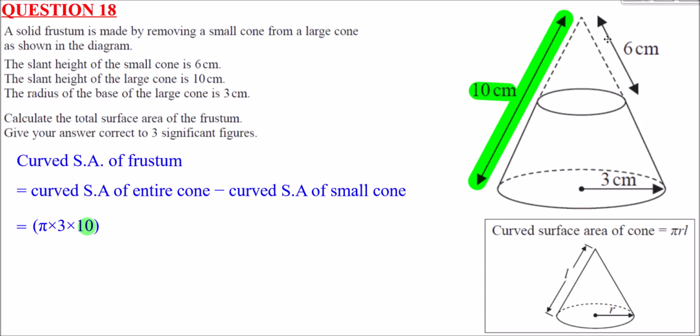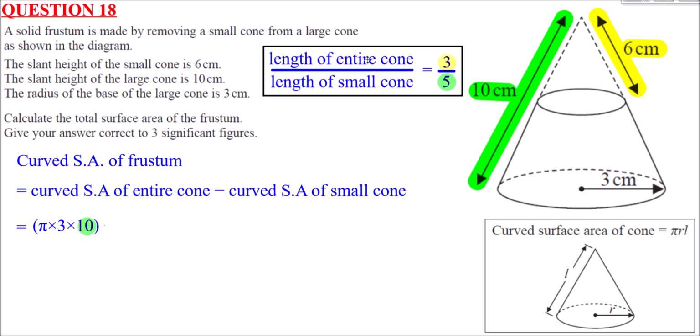But for the small cone, as I say, its slant height is 6, but how can we work out its radius? What we can do here is compare the slant heights of the full cone and the little one. 6 as a fraction of 10 is 3/5. Comparing the slant heights of the little one to the complete one, we can see that as a fraction of the complete full cone, the little cone is just 6/10, in other words 3/5 of the full cone.